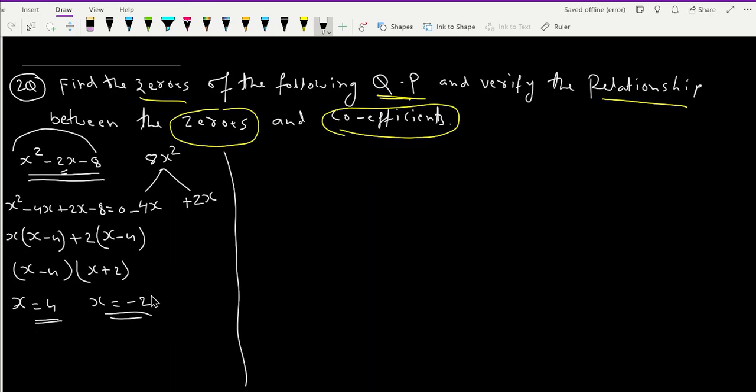Now we have to find out the relationship between the zeros and the coefficients. For that we have to take first the sum of zeros. So sum of zeros, how much? 4 plus minus 2, that is nothing but 2. Next you have to take the product of zeros.